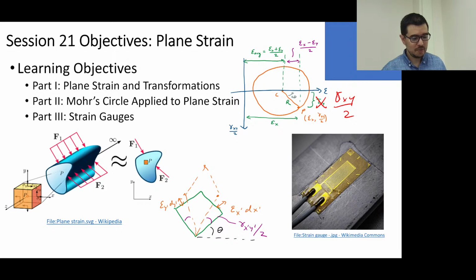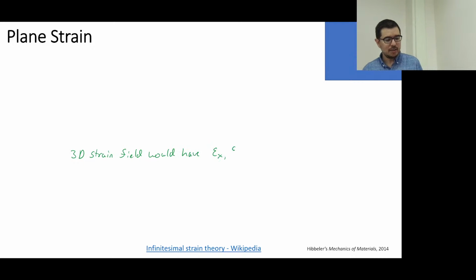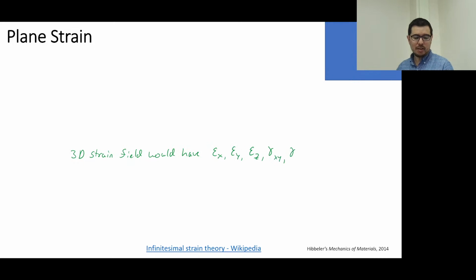Okay? So first, let's talk a little bit about plane strain and how it relates to what we think about with plane stress. Both of these phrases have plane in them, so we're thinking 2D again.